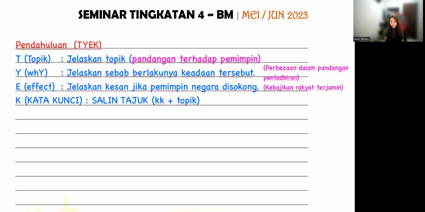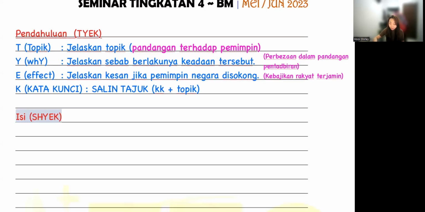Then after the pendahuluan is the isi part. For isi, the technique we use is SHYEK. And that's what it means by SHYEK. The S here means isi, so you will need to tulis isi utama.